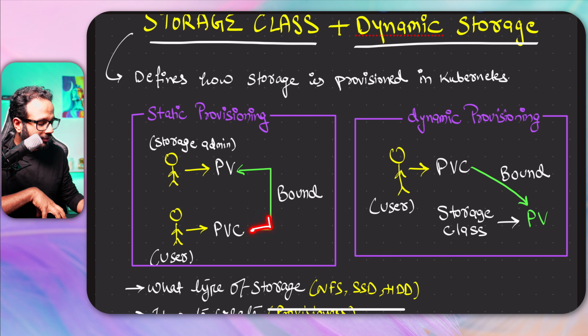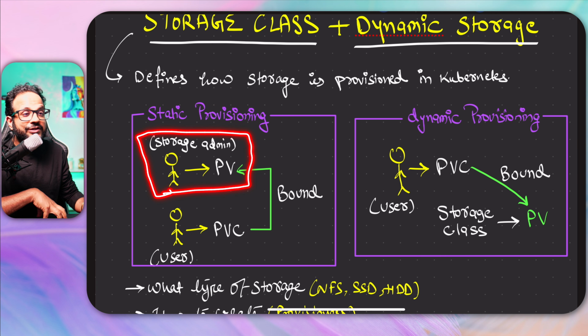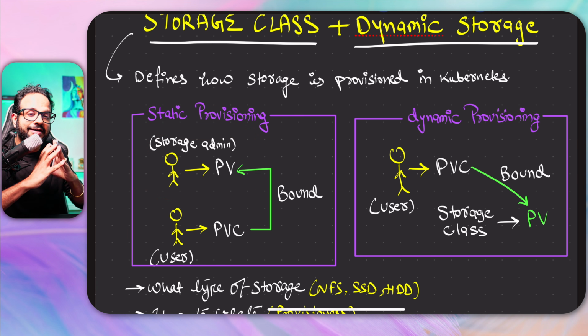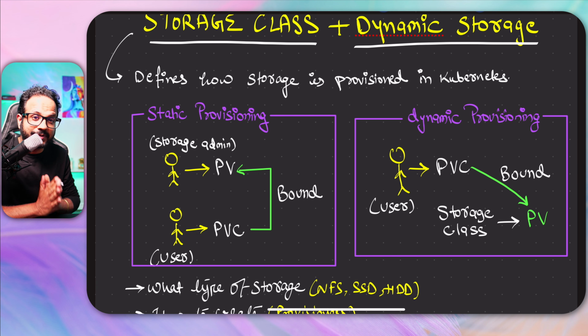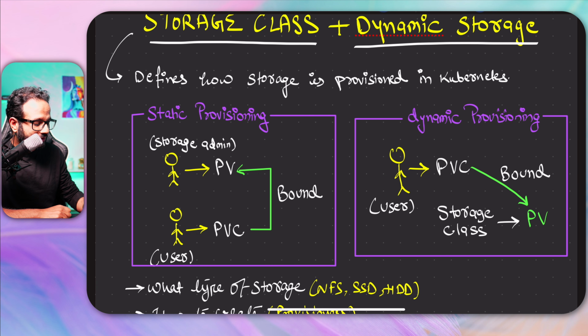The persistent volume claim will be bound to the persistent volume, and later it can be utilized in the pod or your workload, right? So that's static provisioning, in which you as a storage admin are pre-provisioning your persistent volume. You create a persistent volume, and a PVC, a persistent volume claim, can request a slice from that persistent volume. So that's the static provisioning model.